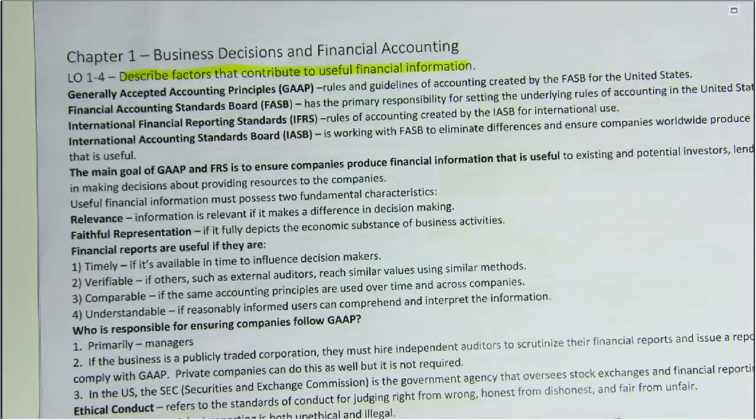So, what exactly makes financial information useful? Well, one is consistency. All for-profit companies should be following the same rules so that you can compare them to one another. Can you imagine trying to compare two football teams if one used a field of 200 yards and another a field of 100 yards?